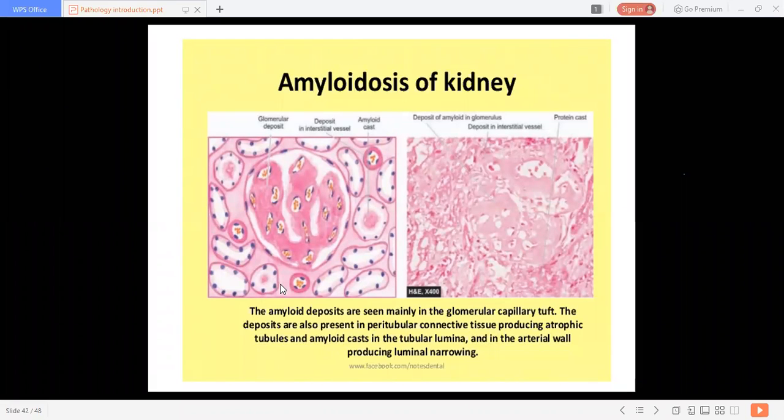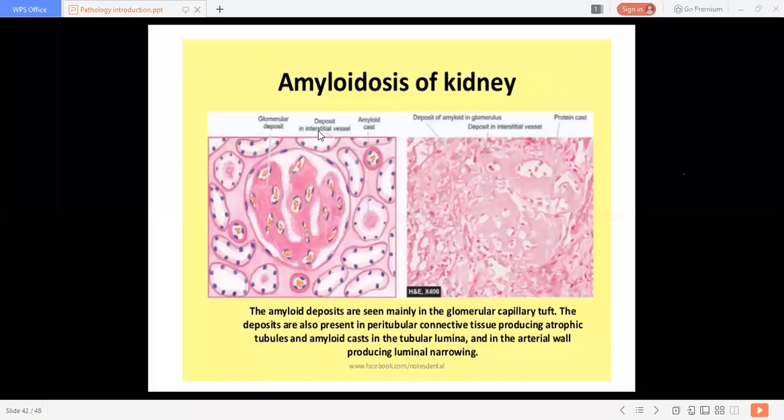Yes, students from winter batch. What is the reason plasma cells take part in this sort of reaction, amyloidosis? Why do plasma cells initiate the process?